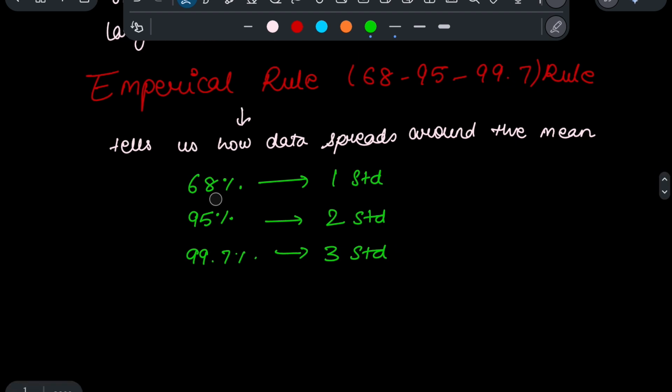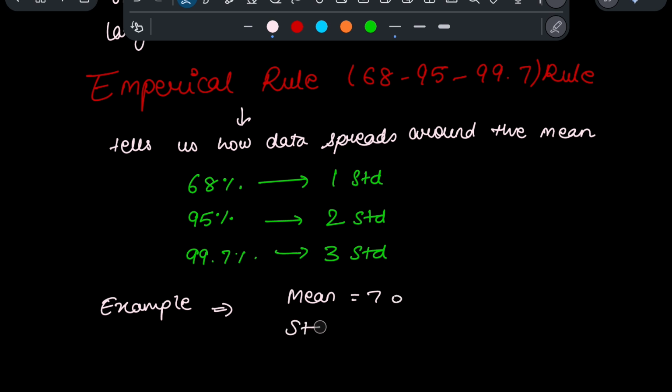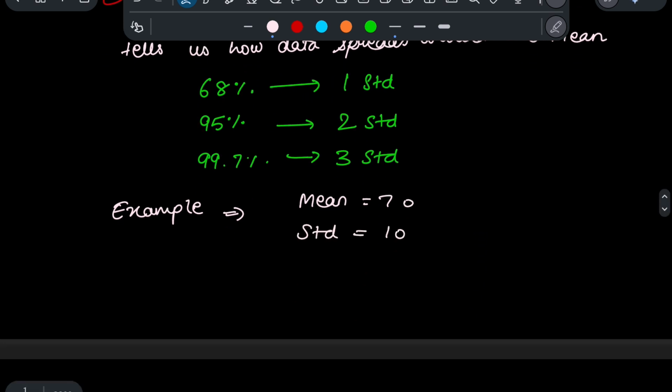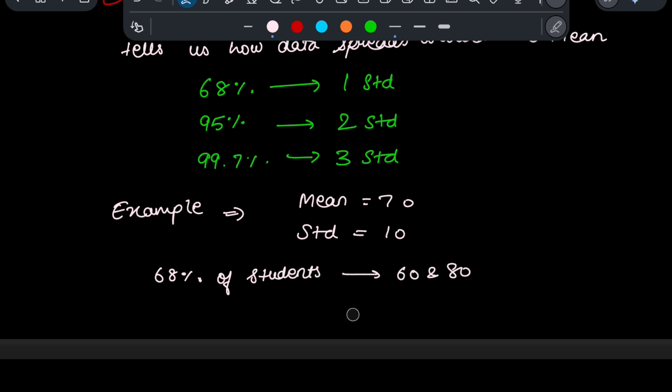Suppose, for example, exam scores have a mean of 70 and a standard deviation of 10. According to the empirical rule, 68% of the students scored between 60 and 80.